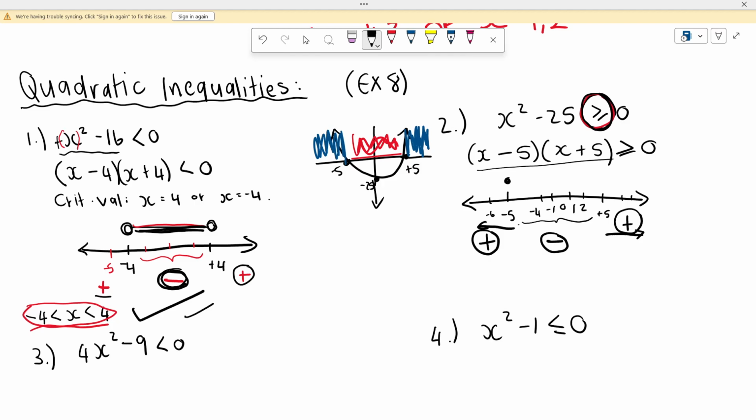So make a closed dot because it's included, because that 0 is included, and everything outside. So in the end, your answer is going to look like x is smaller or equal to negative 5, or x is bigger or equal to positive 5. And that's your final answer.